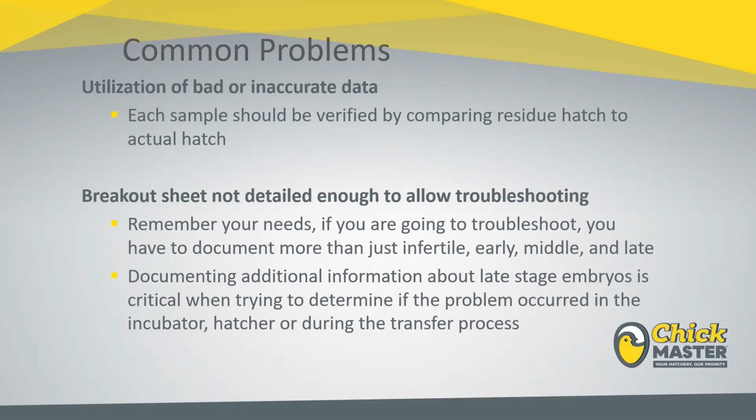So it's very common to go to hatcheries and see a breakout sheet, and they're not really documenting any of that additional information. And it makes it very difficult to try to help them troubleshoot or fix problems. And also not identifying what's a very common additional piece around late stage embryo death, which is malpositions or anomalies.